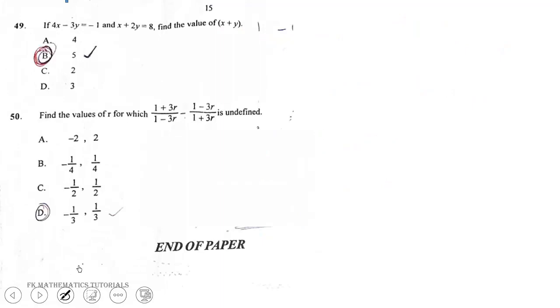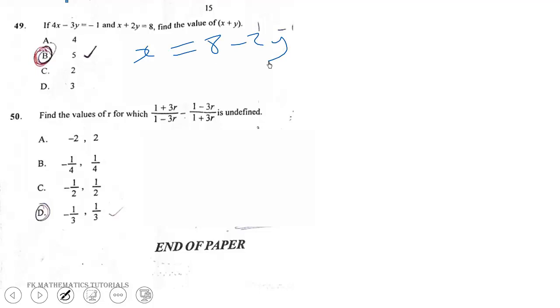Question 49. If 4x minus 3y equal negative 1 and x plus 2y equal 8, find the value of x plus y. So we have these equations that we need to solve. So I can make x the subject in the second equation. X is equal to 8 minus 2y.